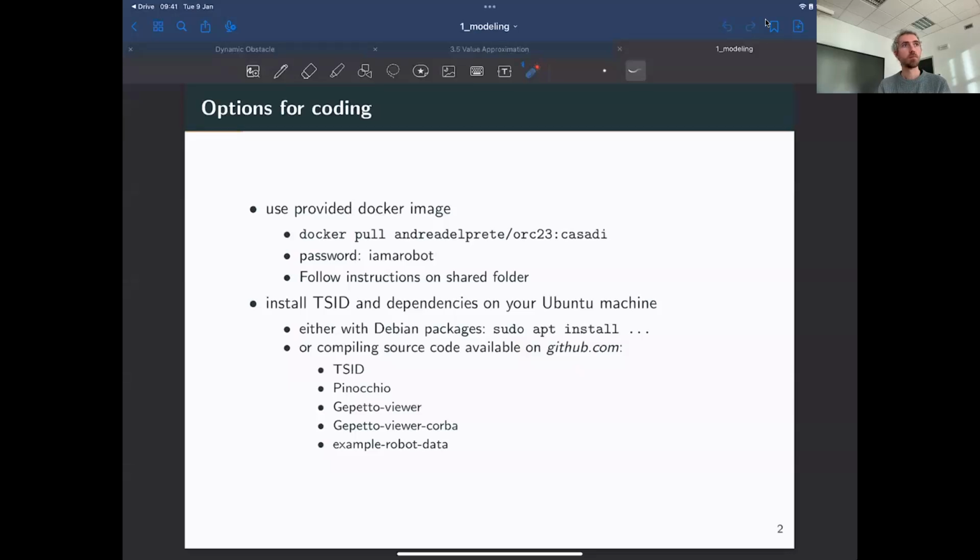For now, the Google Drive folder is empty. Is it? No, it's not normal. Let me check. Sometimes the shared folder has some troubles. So it should be this one. I don't see it empty.